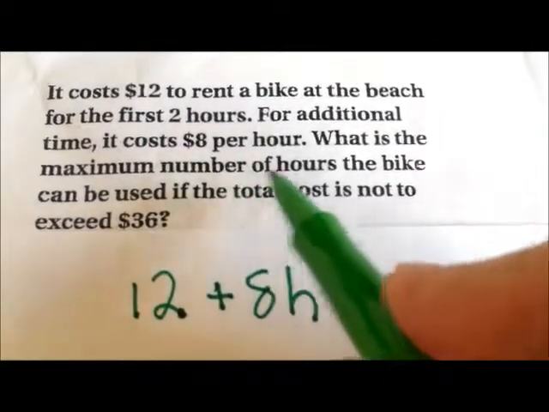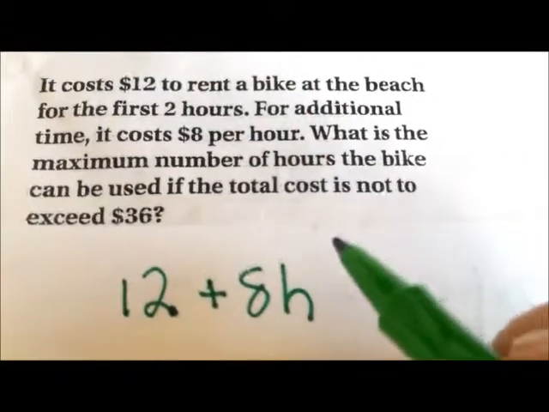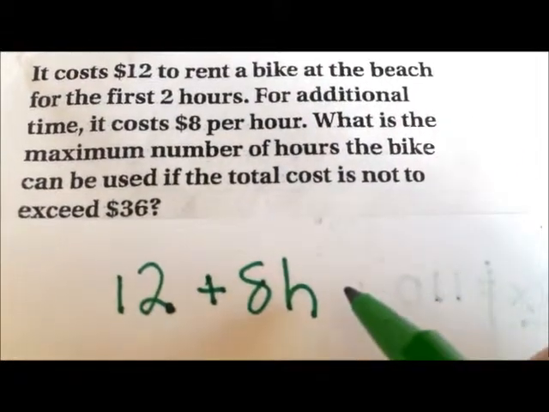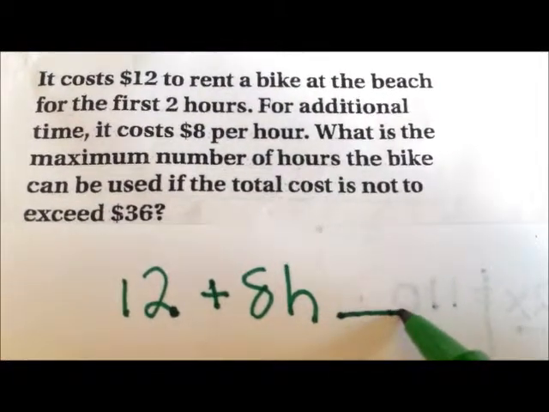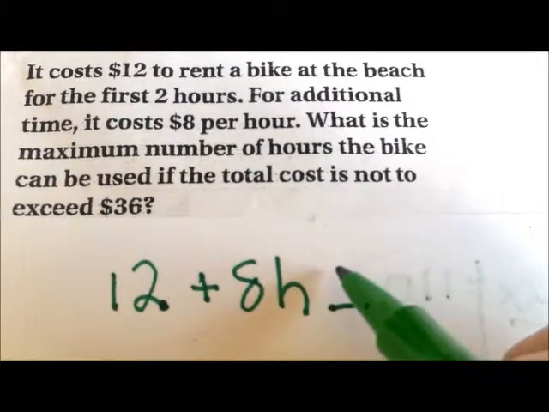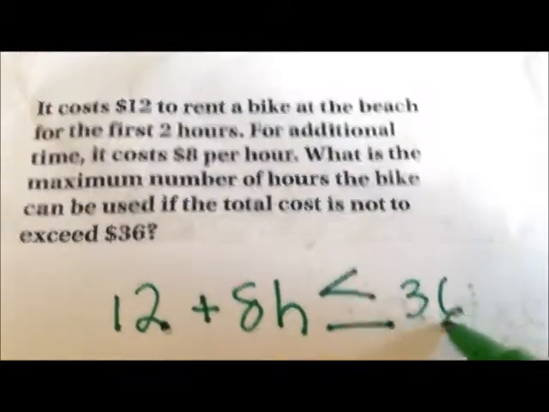So what's the maximum number of hours the bike can be used if the total cost is not to exceed 36? If it's not going to exceed 36, that means it can be equal to 36 or it can be less than 36. Okay.